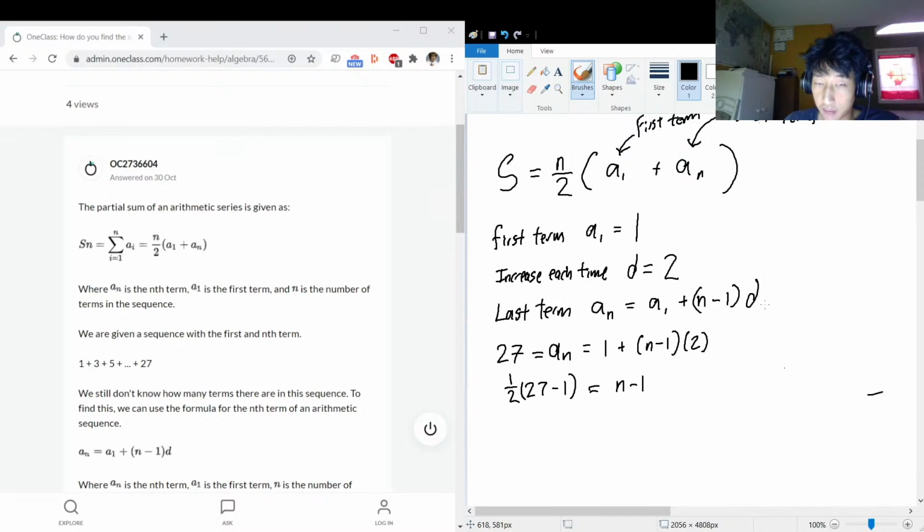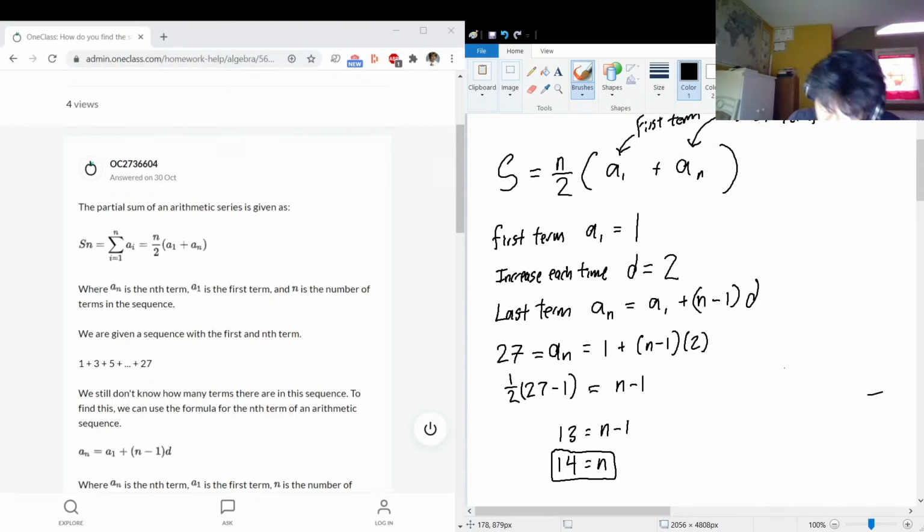So 27 minus 1, that's 26, and divide that by 2, 13. 13 equals n minus 1, which means that 14 is equal to n. Okay, that's the first thing of interest that we need.